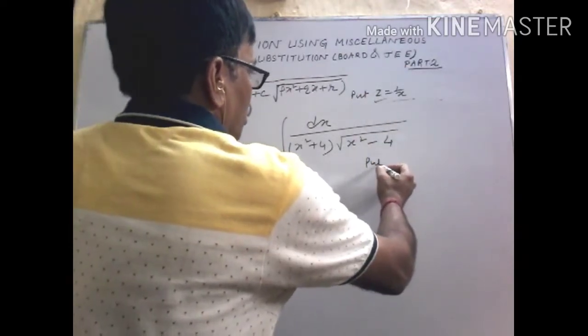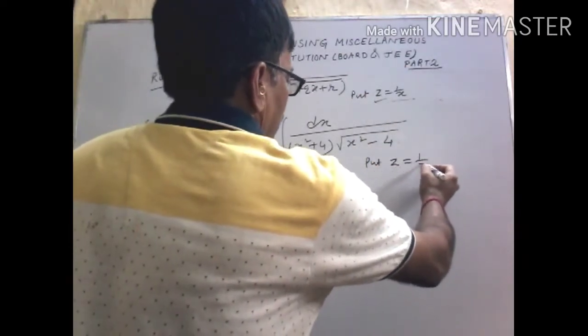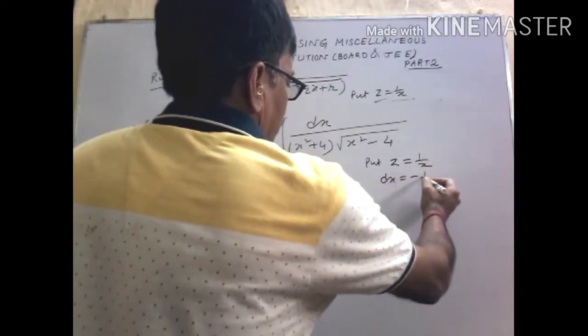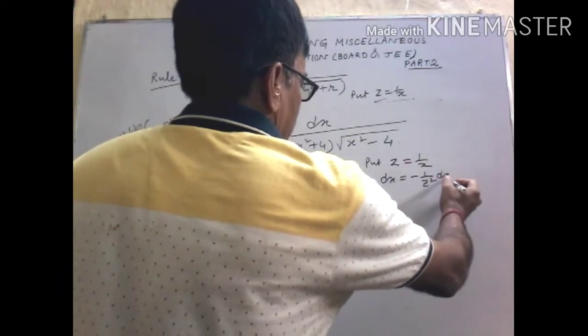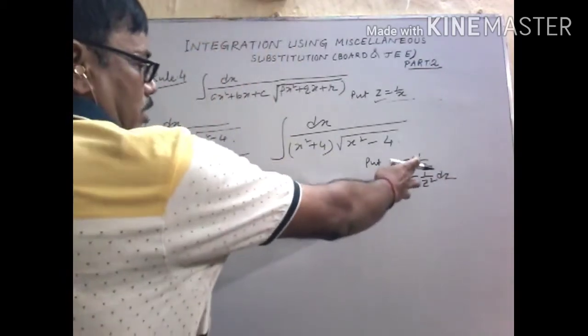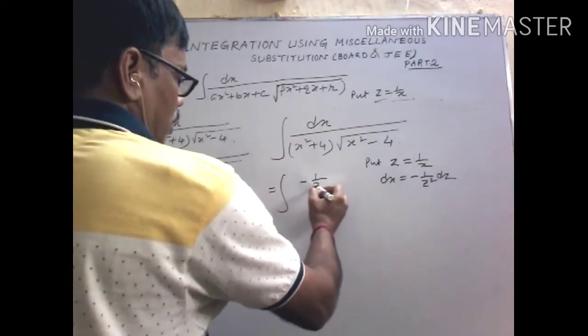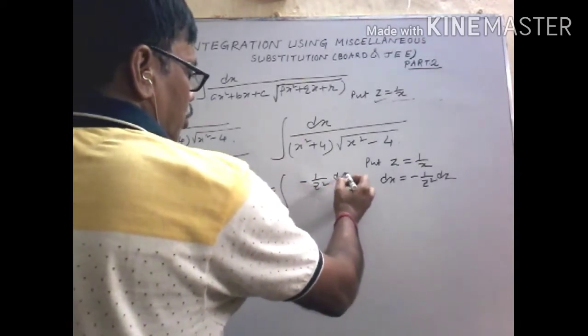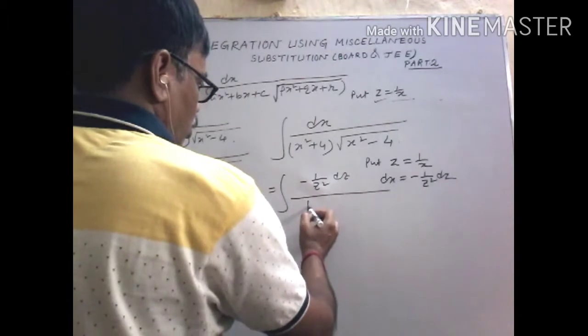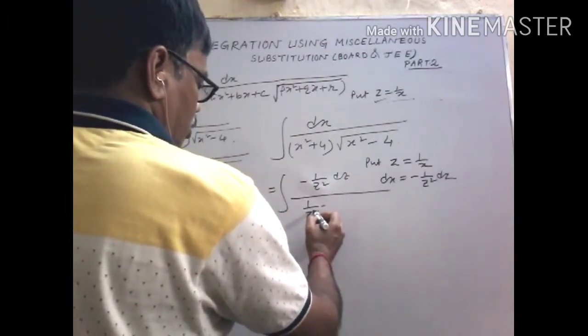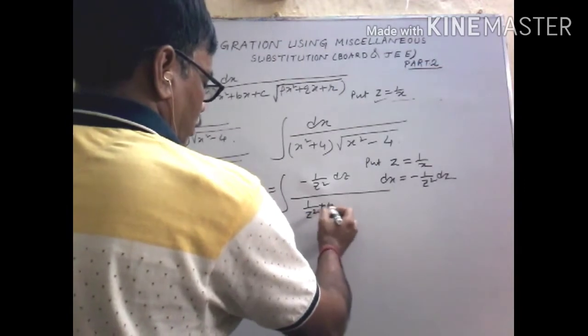So put z equals 1 by x. So dx equals minus 1 by z square dz. So look, this is minus 1 by z square into dz. So this is 1 by x square, 1 by z square, x equals this. So 1 by z square plus 4.